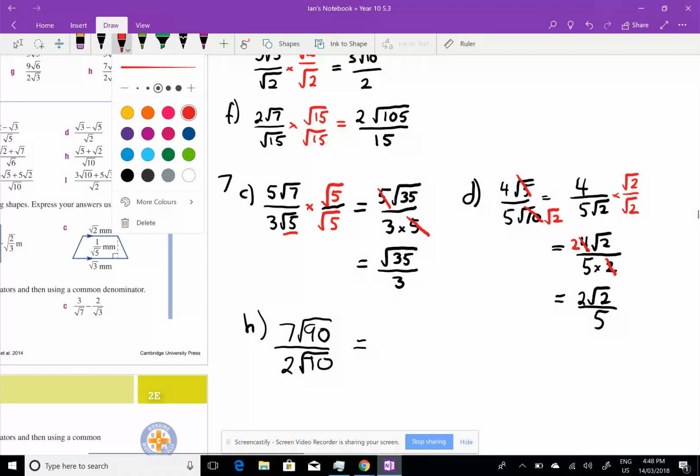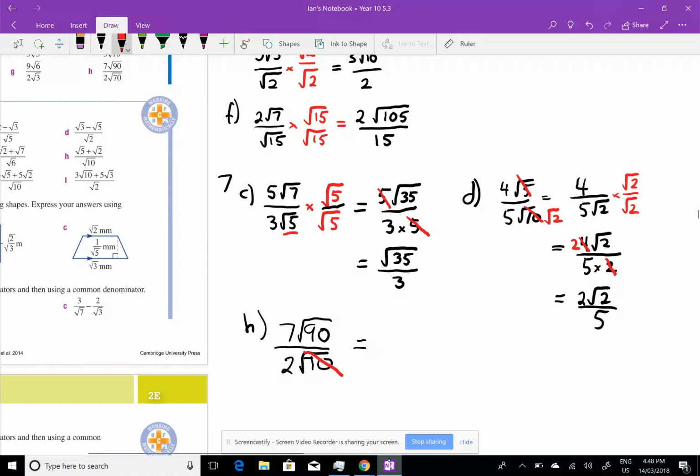We know that root 10 goes into that root 7 times. And root 10 goes into that root 9 times. You could have pulled the 9 out anyway. Which gives me 7 times root 9. Hold on, root 9 is 3. Yes, it is. And I'm going to get 2 root 7.